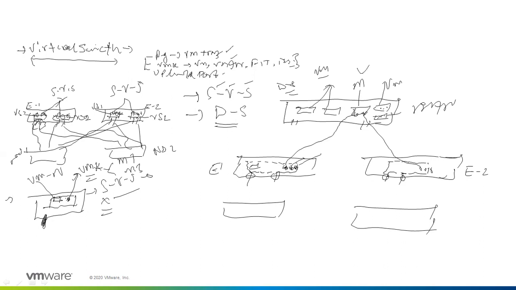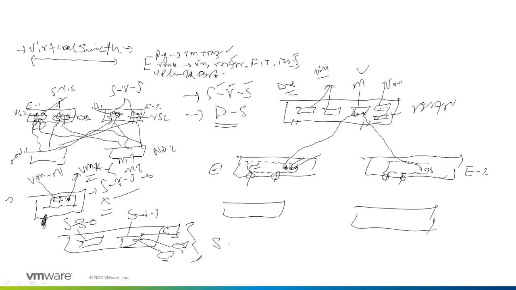onto the DVS as well. Also, if your earlier environment was configured with standard virtual switch 0 and standard virtual switch 1, and you want to migrate all the VM networking from SVS to DS, that's also possible.